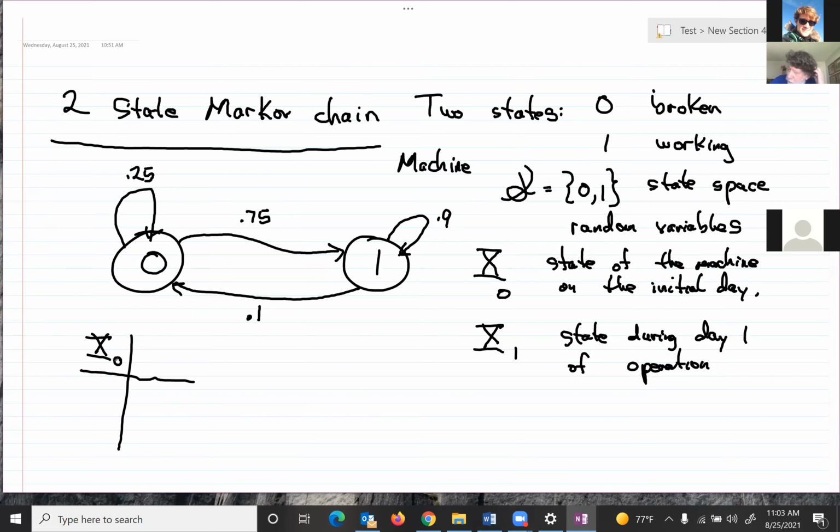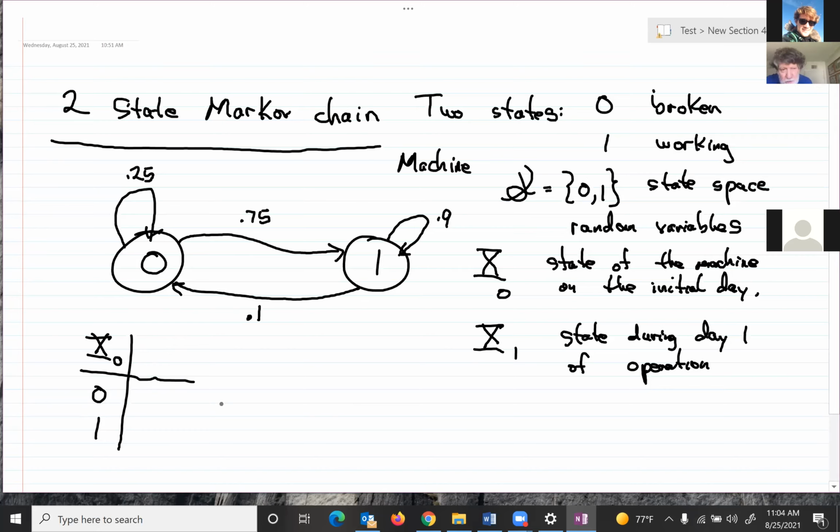At time 0, you're either going to be at state 0 or at state 1. And so the random variable only has 2 possible values. The machine's working or not.